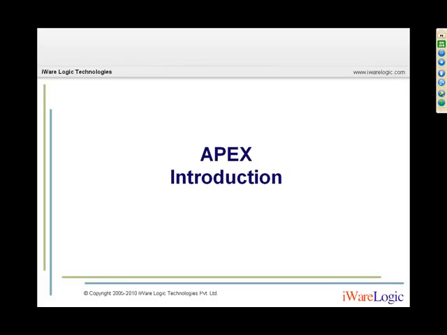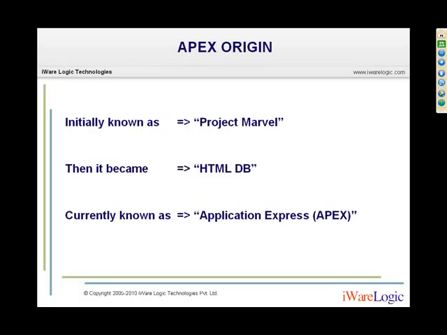Now first we will see how Apex originated. Initially when Apex was introduced, it was known as Project Marvel. Then it became HTML-DB. HTML-DB is quite popular as a name for Apex, and currently it is known as Application Express or Apex, as we all know.